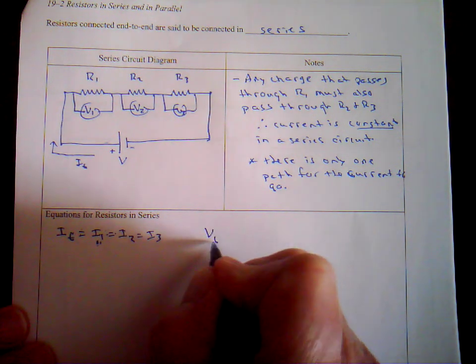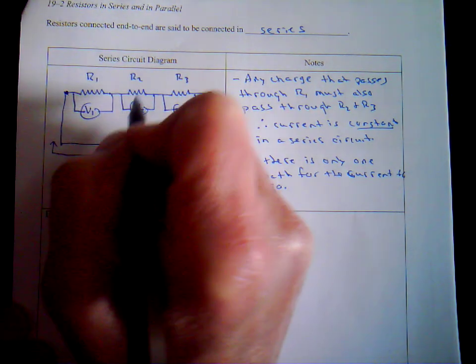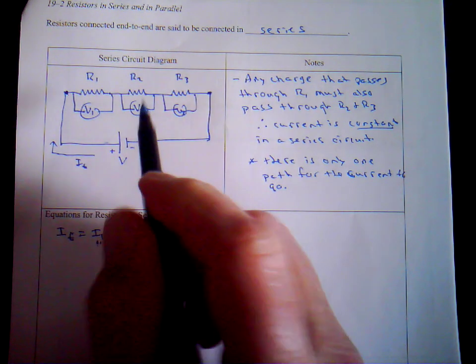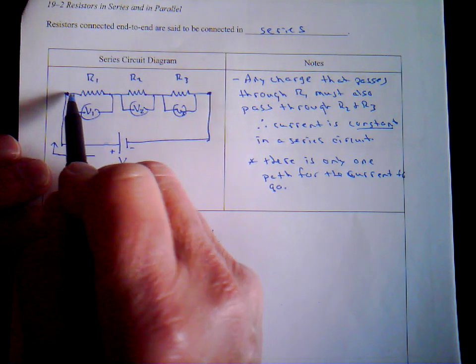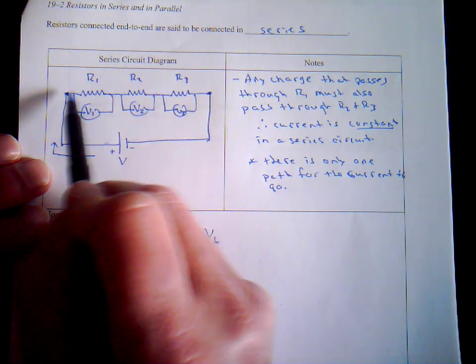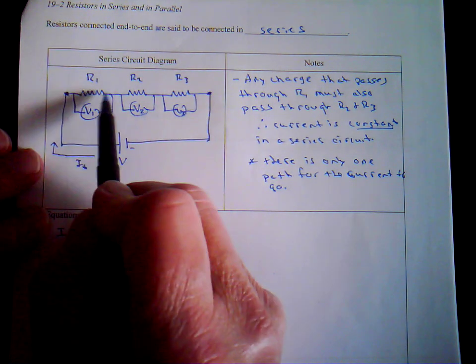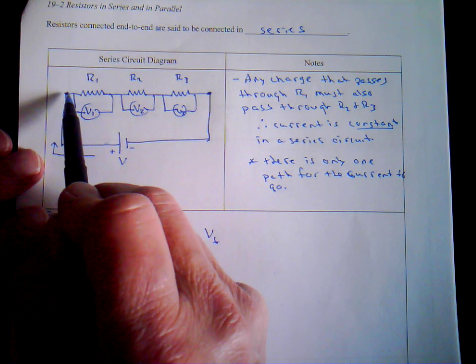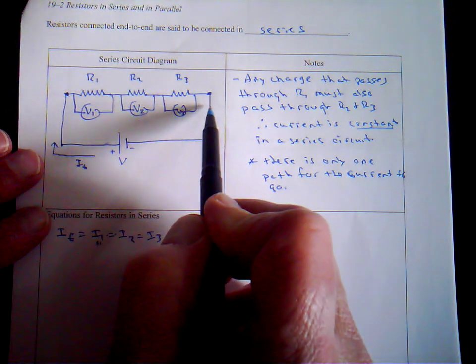Now, let's take a look at the voltage. The total voltage goes from this point to this point. There's a voltage drop going across R1, V1. It's just like going down a set of steps. If you have a staircase that's three steps tall, you can think of a slinky going down those three steps, because step 1 is higher than step 2, step 2 is higher than step 3, and step 3 goes all the way down to the ground.